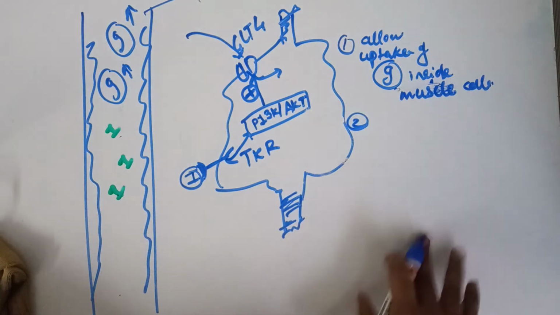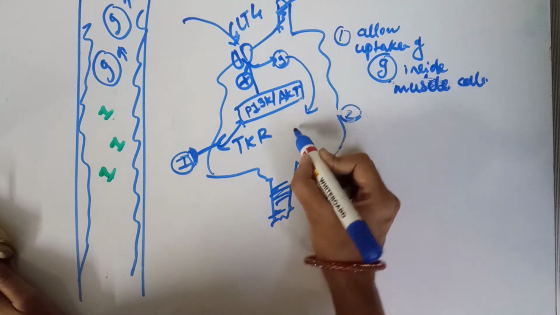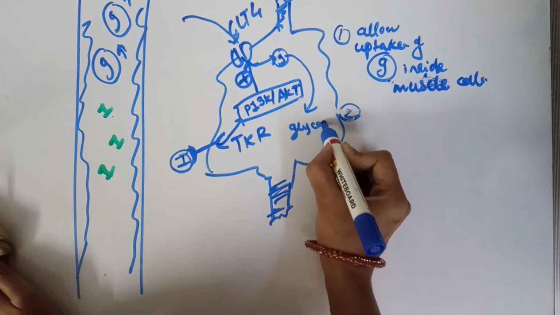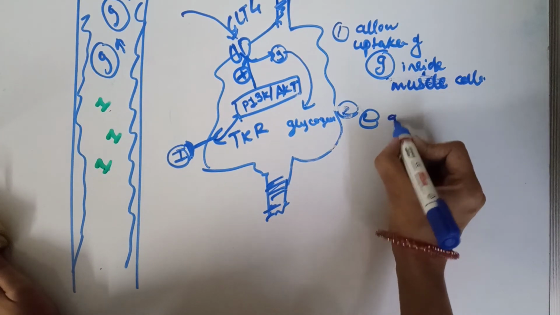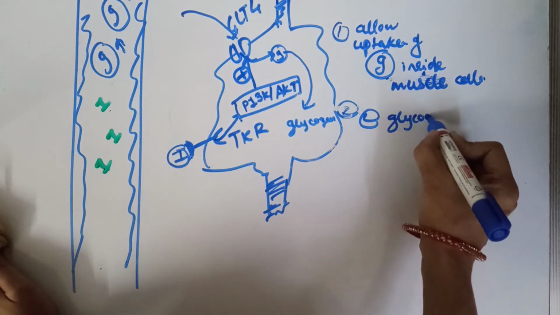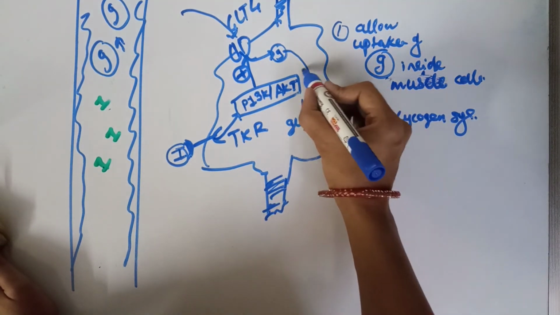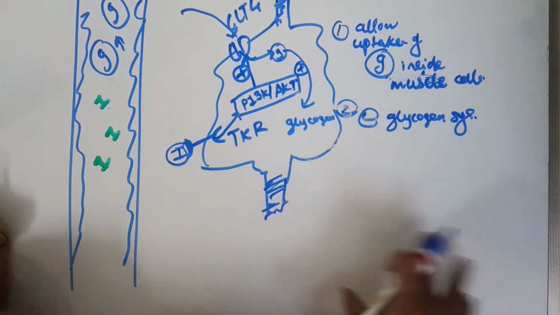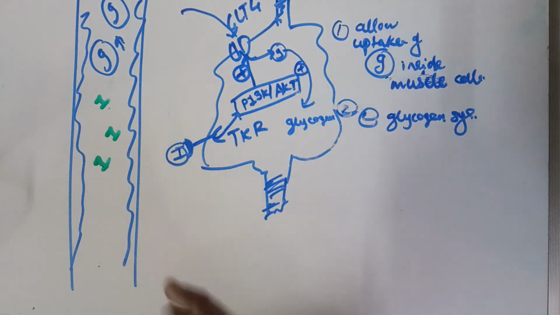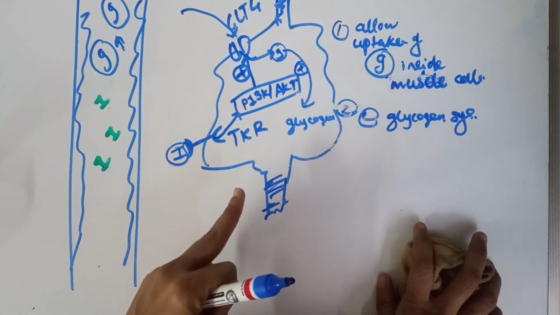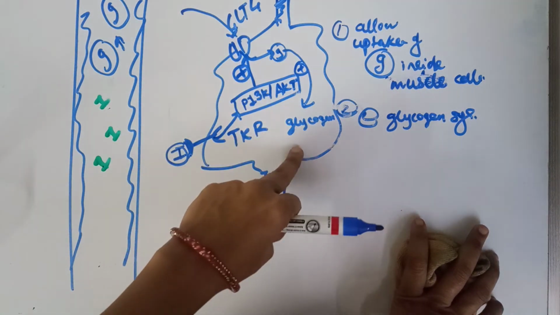Second thing, when glucose comes inside, it is converted to glycogen. That means glycogen synthesis. So two points are clear: it allows glucose to come inside, and then only that glucose converts into glycogen.